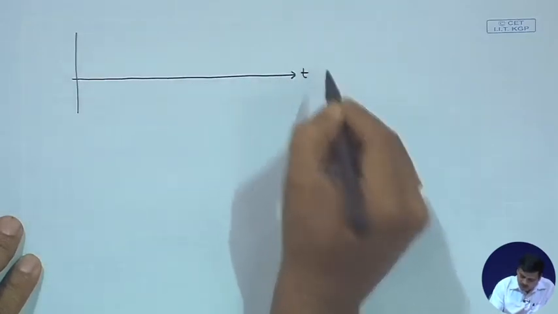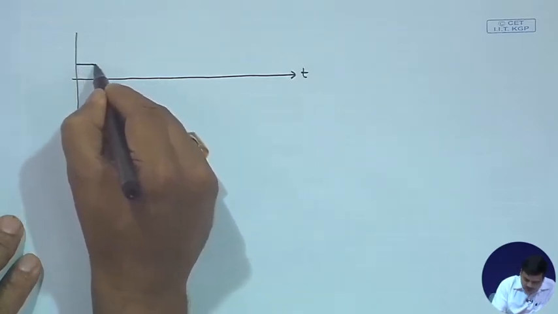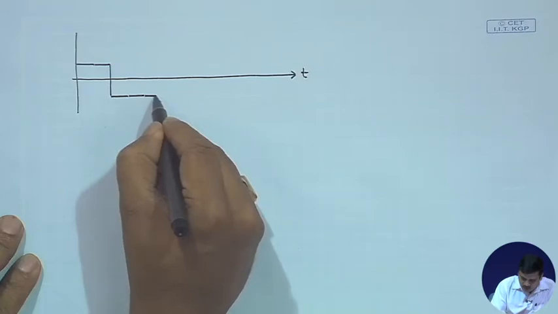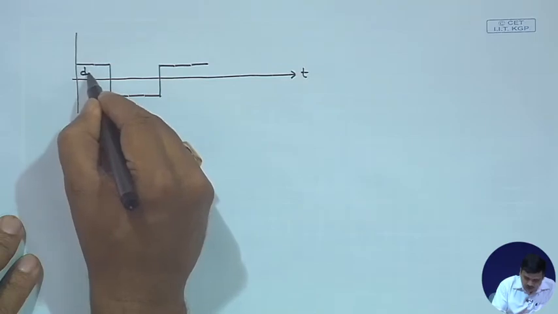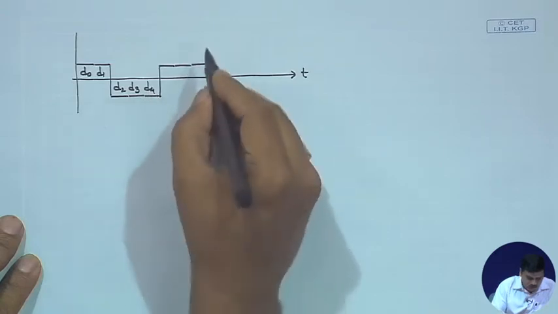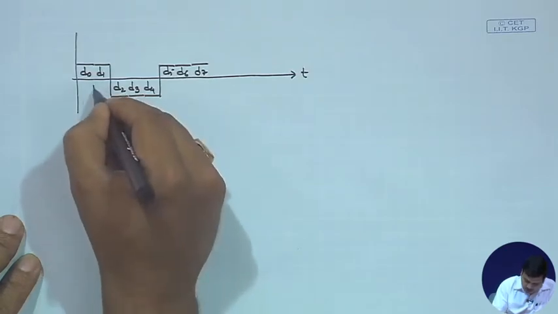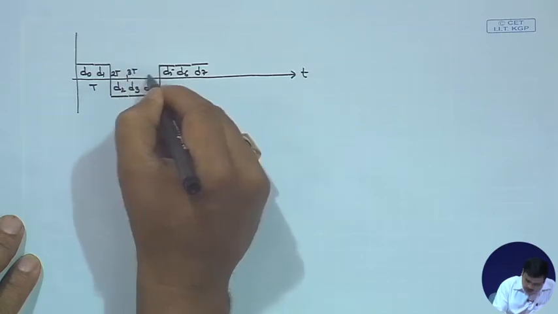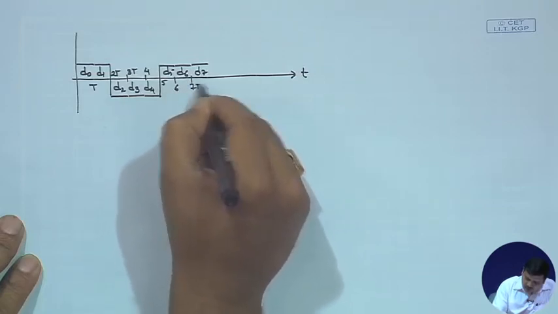So, this is some time t, and let us say we had the original sequence as we are drawing it over here, where I would write this as d0, d1, d2, d3, d4, d5, d6, d7, and of course, this is t, this interval is 2t, then there is 3t, 4t, there is 5, 6, 7t, and so on and so forth.